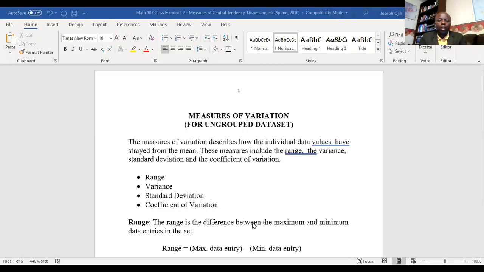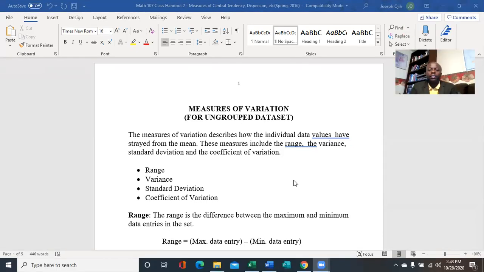Here you go. Okay. So like I said before, the measures of variation, like the variance and standard deviation, are used to determine how far away data values have strayed from the mean or from the center.